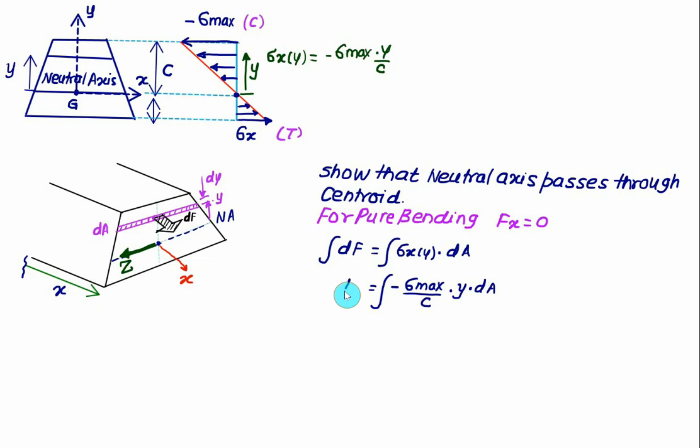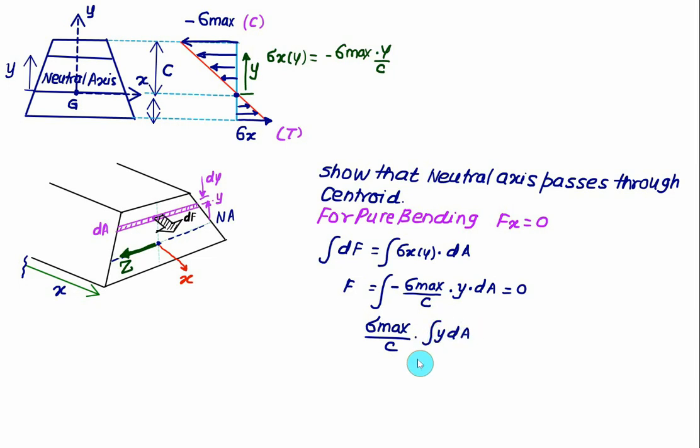So this is the total force, and this total force must equal 0. If you solve this integral, we have minus sigma max by c. The minus sign is meaningless because on the right hand side we have 0. So we are left with the maximum bending stress divided by c, and we have the integral of y dA.